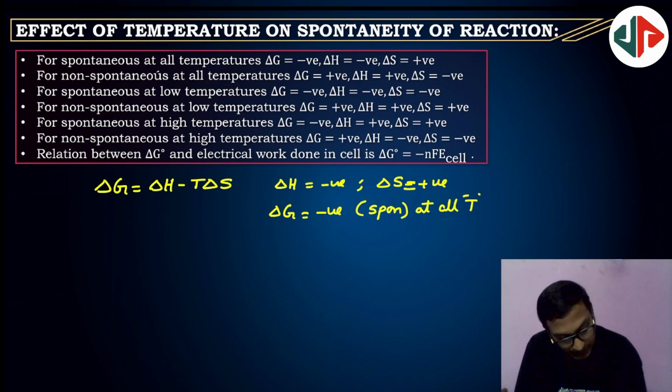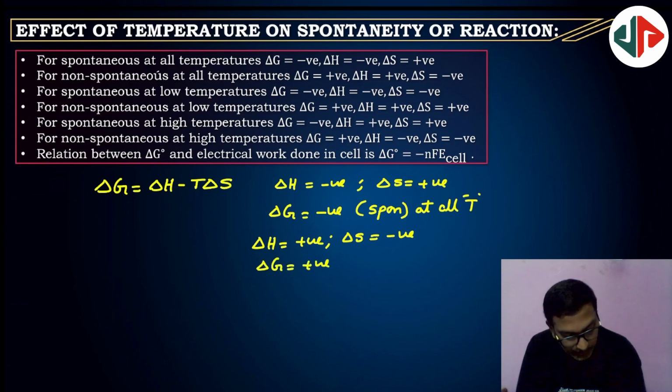Next, if delta H is positive and delta S is negative, delta G becomes positive, that is non-spontaneous at all temperatures.